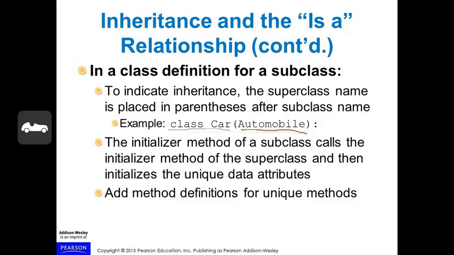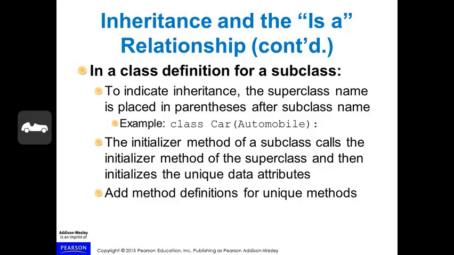And one more thing that you need to do is that in the subclass initializer method, which is the underscore init underscore, you need to call the initializer method of the superclass and then initialize the unique data attributes of the subclass. And also in the subclass, you can add method definitions for the unique methods.